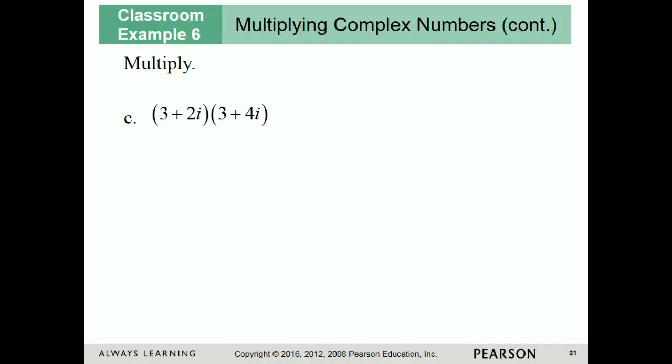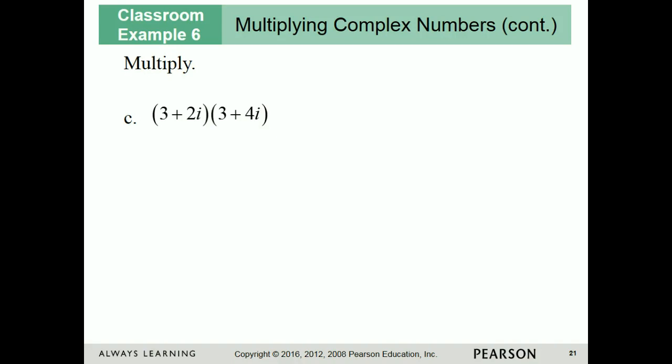Okay, so here we have another case of multiplying complex numbers. Notice that we have two complex numbers in sort of a binomial form, in that standard form there, where rather than multiplying a pure imaginary number times a complex number as in the previous example, now we're multiplying two complex numbers in that standard form, a plus bi.